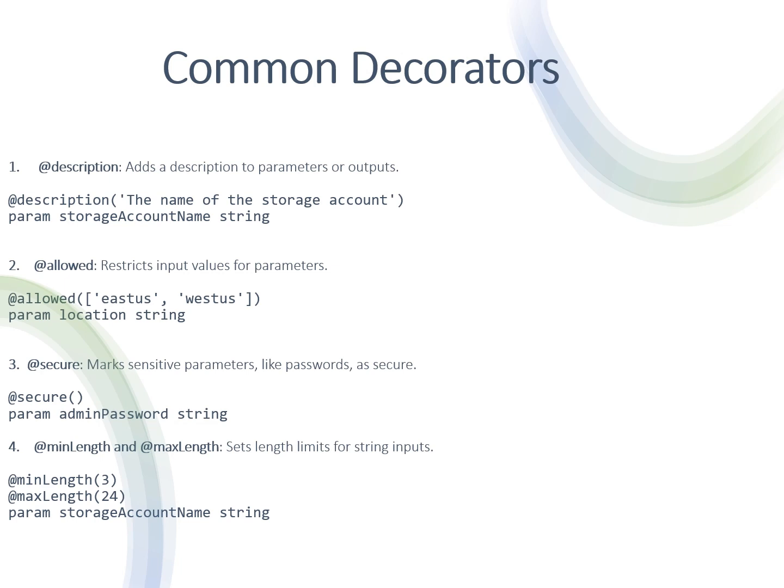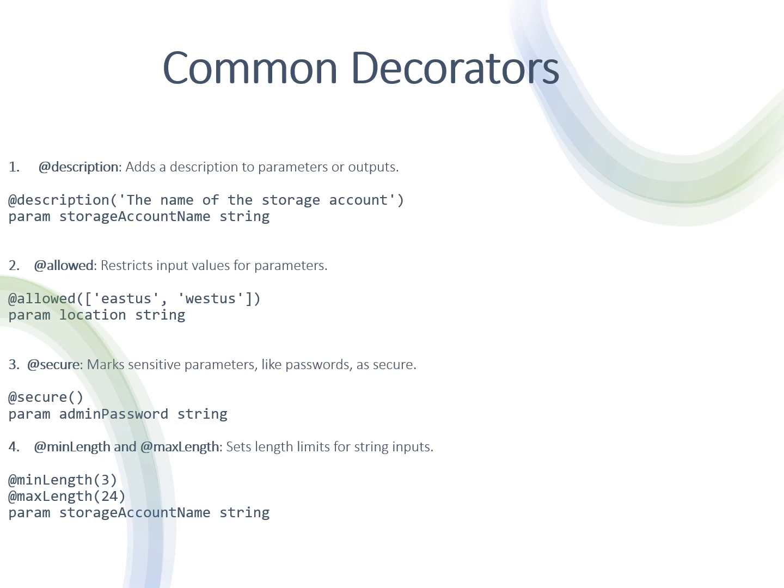We also have the allowed decorator that helps us to restrict input values for parameters. So let's say we want to deploy a database into two regions, which are East US and West US. So we have to restrict the deployment to only these regions by using the allowed decorator. So here is the simple example we have on our screen here.